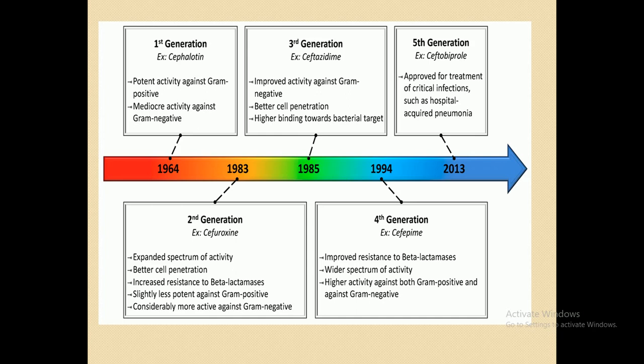As you can say, in ancient times first generation computers were launched, and then second, third, fourth. This is an excellent example. That's why we can differentiate between first, second, third, and fourth generation on the basis of broad spectrum and narrow spectrum activity. We can classify all these antibiotics into different generations.